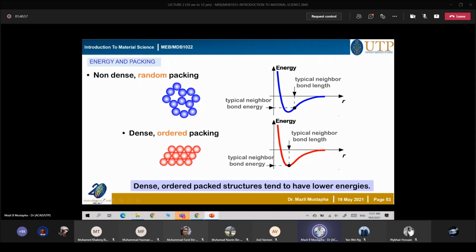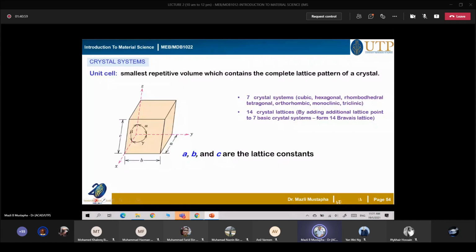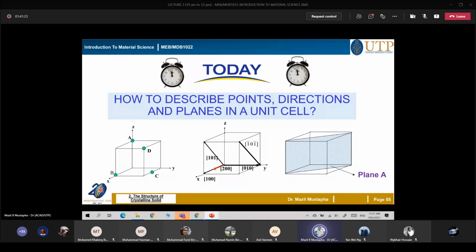Then we move on to the unit cell. a, b, c are the lattice constants, but as I mentioned, we are using the cubic system, which means a is equal to b and also equal to c. In this course we are only dealing with the cubic system.